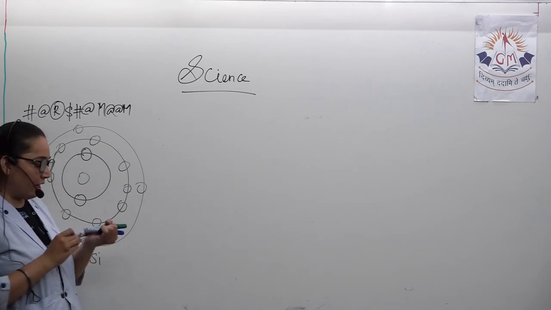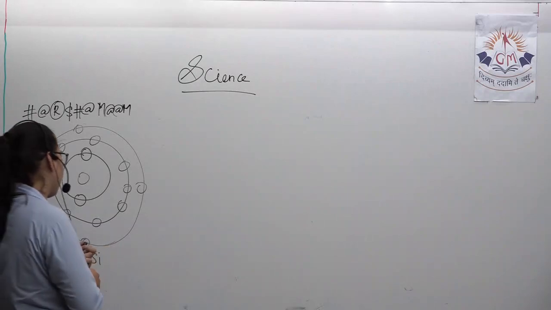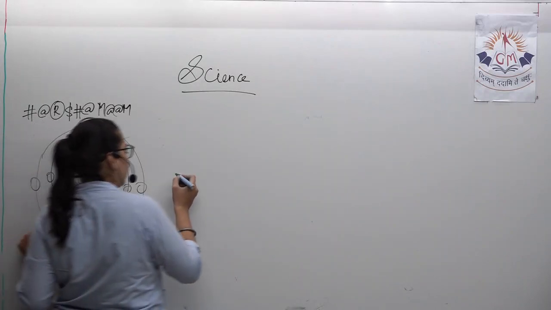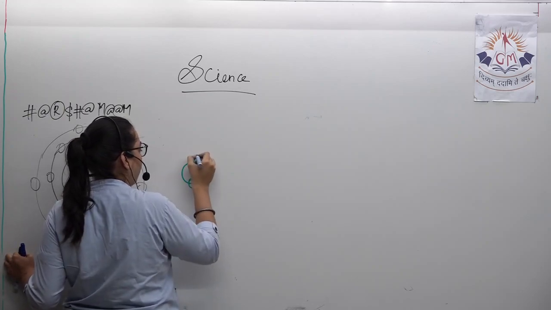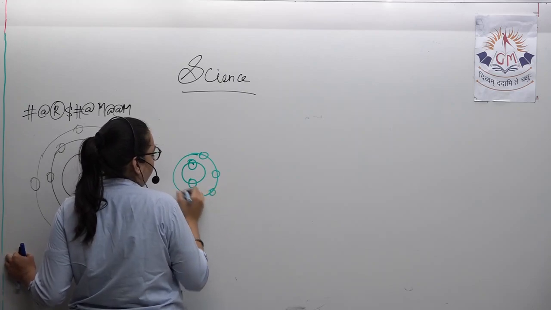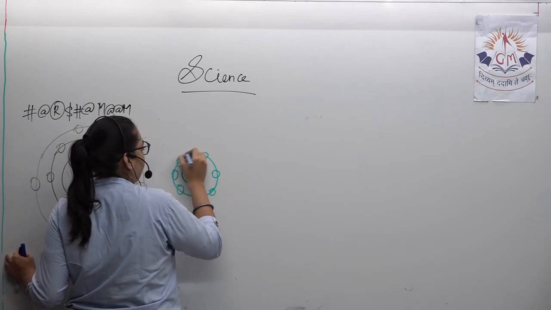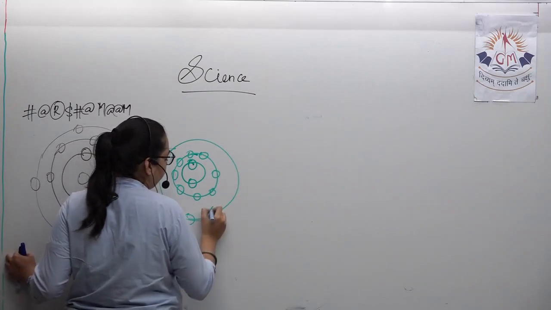Okay, first orbit there will be 2 electrons, next 8 and then 4. Phosphorus, first 2, then 8, then next there will be 5.